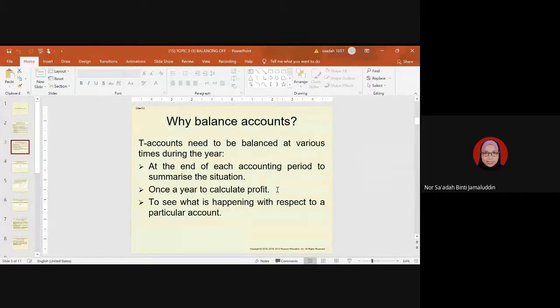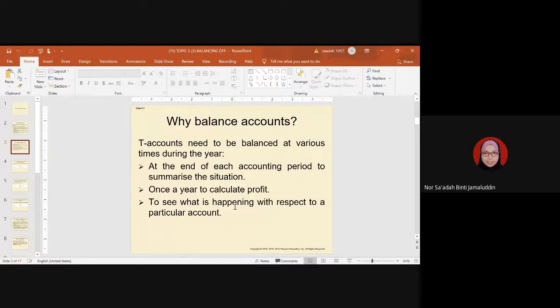So in order for our company to disclose our profit or loss for the current year, we must close our T accounts. From the T accounts, we do the trial balance. From the trial balance, you transfer all the accounts recorded in the trial balance to the financial statements, which consist of the statement of comprehensive income or profit and loss account, and the statement of financial position.